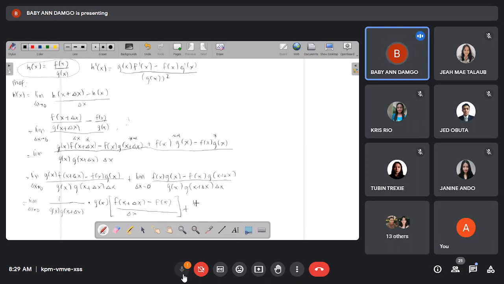So, this is the limit as the change of x approaches 0 of 1 over g of x times g of x plus the change of x, times your f of x.